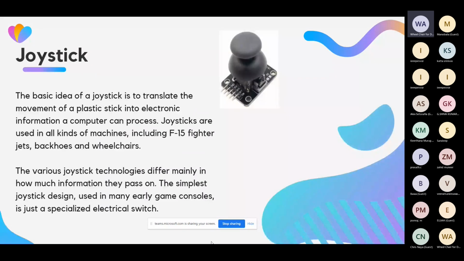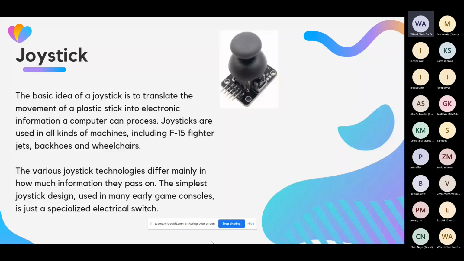As my friend said earlier, the joystick is used to change the direction, and it is also used to control the speed of the motor. If we move the joystick with full force towards the front direction, the speed will be maximum. These joysticks are used in many applications like F-15 fighter jets and wheelchairs.